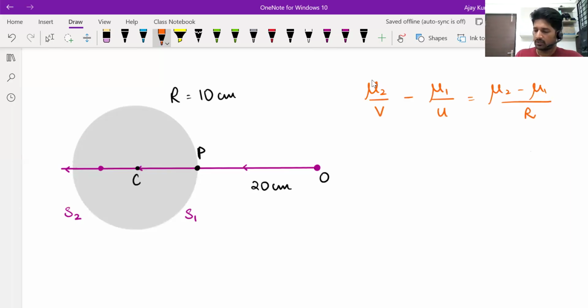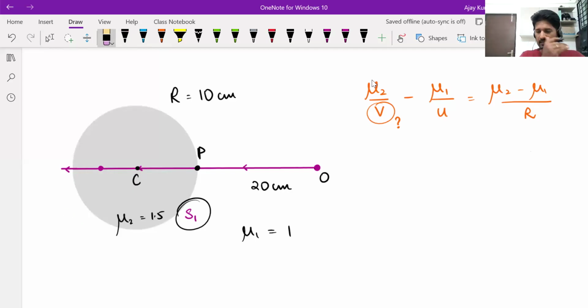What we are looking for is the image distance, or where the image is formed by the first refraction. So v is what we are looking for. You know how the rays are traveling. They are going from air into glass. So for the surface S1, first refractive index is that of air. Second refractive index is that of glass, 3 by 2, I'm taking it as 1.5.